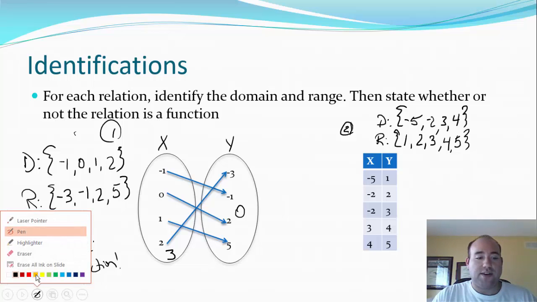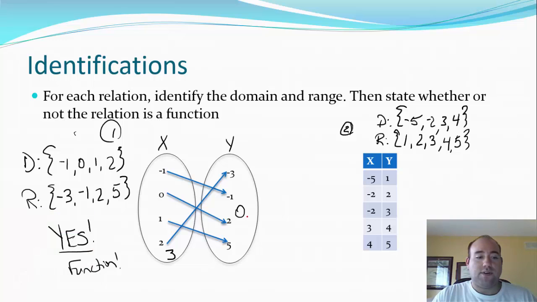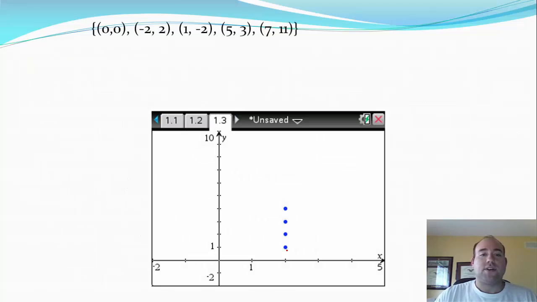Well, they do. They do right here. I've got a -2, 2 and a -2, 3. So this is not a function. Sad day. Okay? And the reason is because this -2 repeats in my x column. All right, let's just look at a couple more.